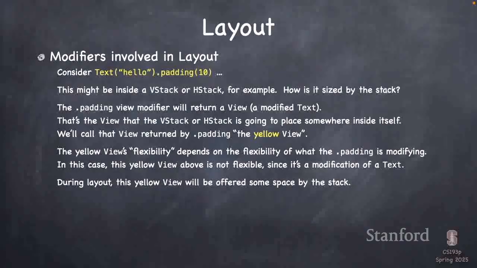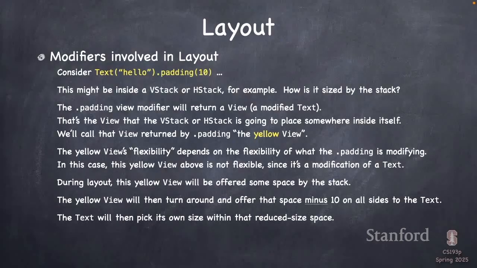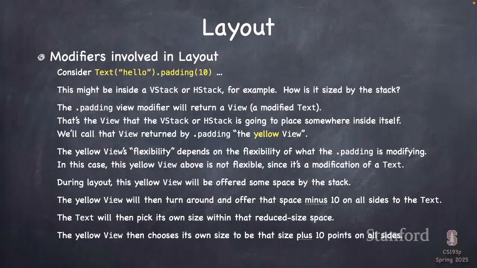Then during layout, as the yellow view is offered that space by the stack, it'll take the space that's offered to it and then turn around, reduce it by 10 points, because it knows it has to pad it by 10 points. So it reduces it by 10 points and it offers it to the text. And then the text chooses its own size, and then the padding adds the 10 back.